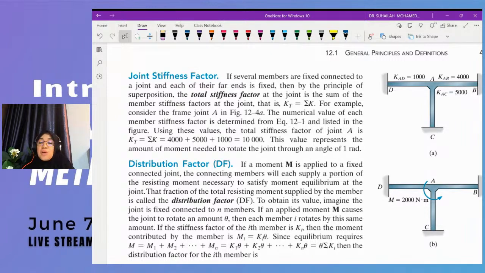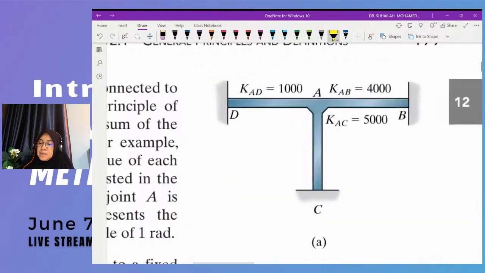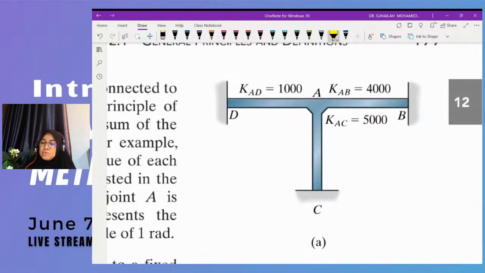Total K is joint stiffness. So we have to consider this one. Joint stiffness refers to joint A.